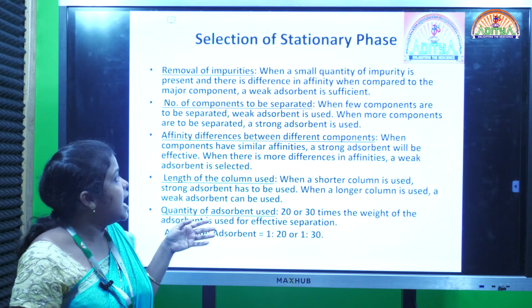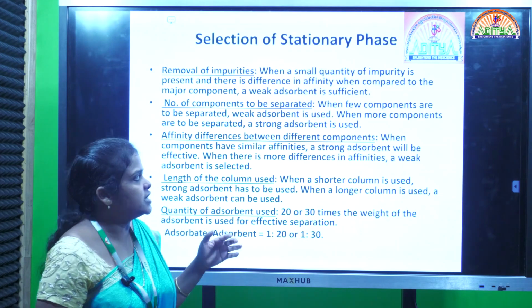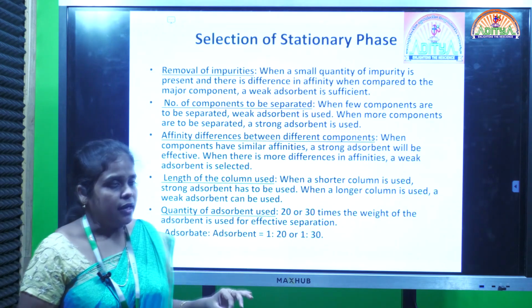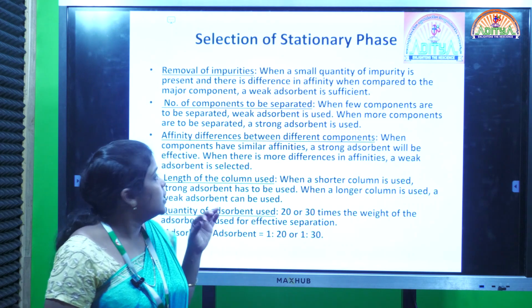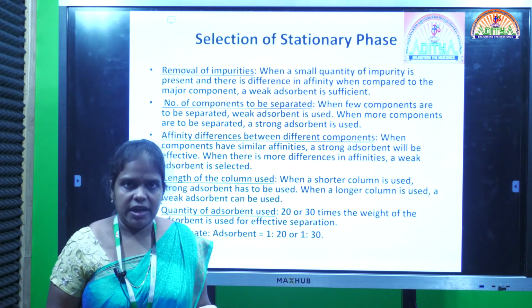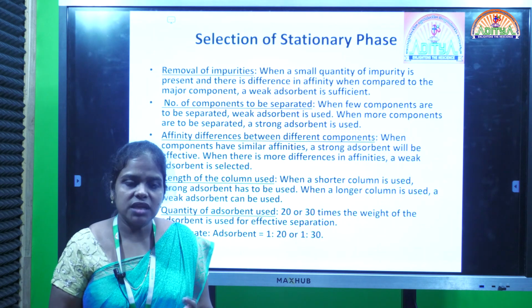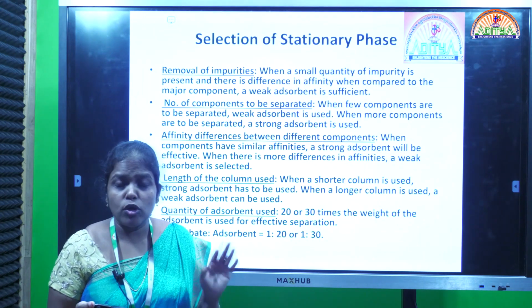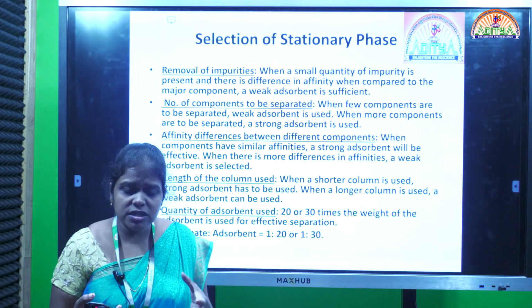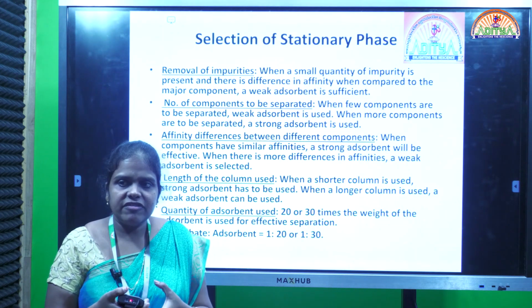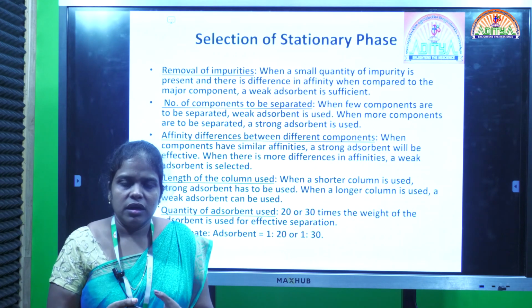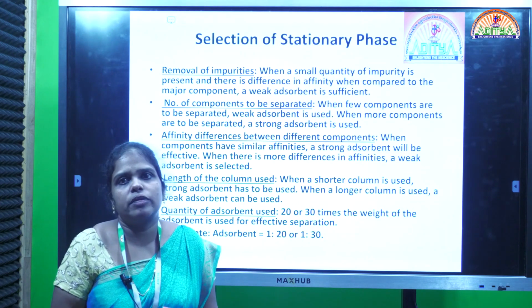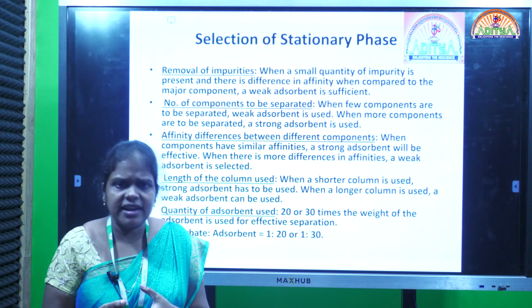Then next one is affinity differences between different components. It is very, very important. For example, whenever the components which we are going to separate have similar affinities, that means in that mixture there are 10 components. Among those 10 components, 6 components have very little difference in affinity. That means they are very close. Then a very strong adsorbent is needed because they are very lightly attracted.